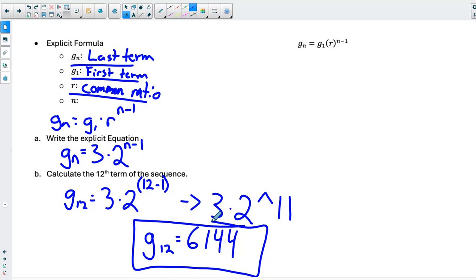So 6,144. Now, this chapter is very formula heavy and it's very calculator heavy. So please make sure you know how to use your calculator, make sure you know how to use those formulas. Any questions on this? Go to the next problem.